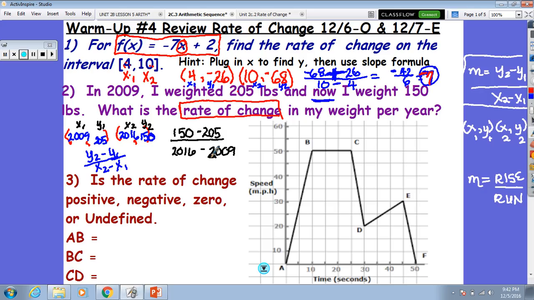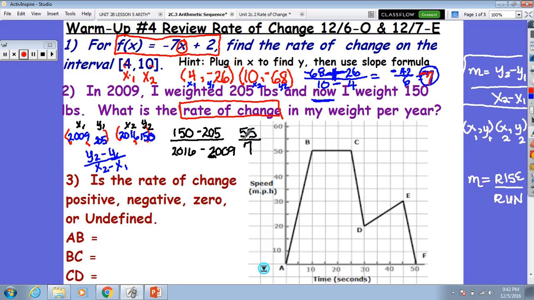Alright, and this is going to tell me how much weight I lost per year because 2016 and 2009 are years. So when we subtract 150 minus 205, we get 55. So that shows you the total amount of weight that I lost. Then when we subtract the bottom, which is 2016 minus 2009, we get 7.